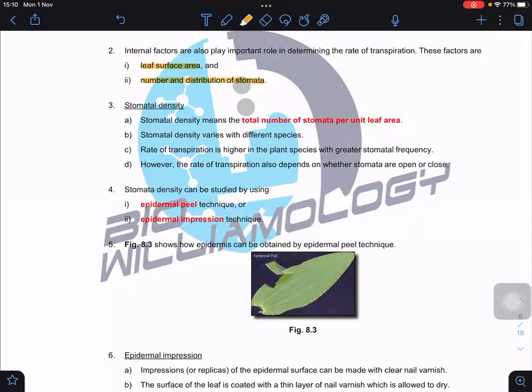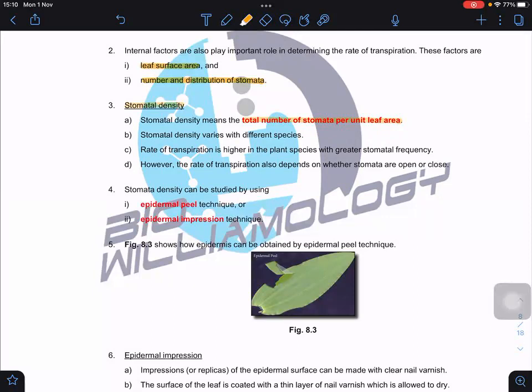So first thing we're going to study here is the stomatal density. What does stomatal density mean? Stomatal density is defined as the total number of stomata per unit leaf area, for example per mm squared. The stomatal density will be different in different species.